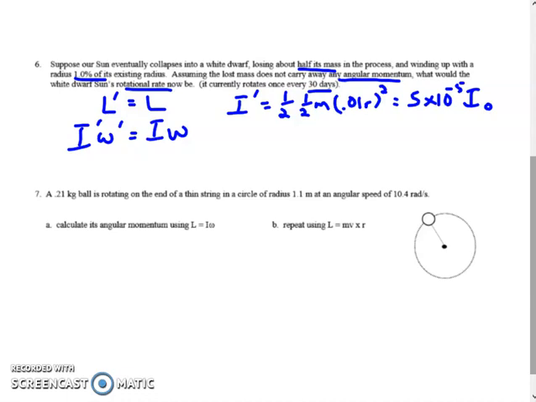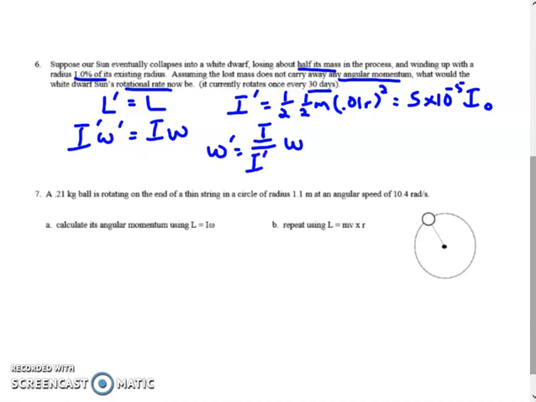So with that in mind, we can say that our omega prime is going to be equal to the original moment divided by the new moment times the current omega. So we just found that this should not be I naught, this should be I prime.